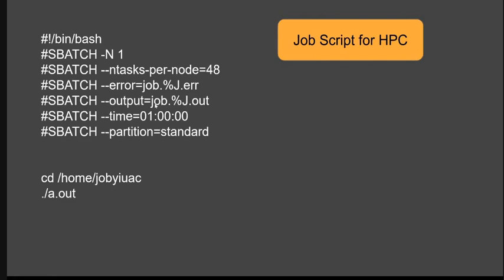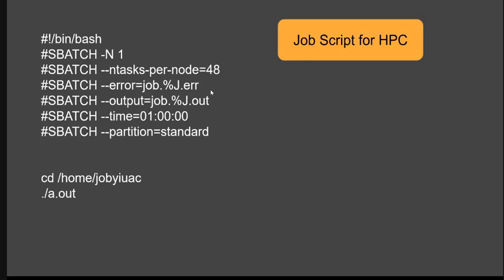Whenever you submit a job, or even if you are logging into an interactive session, you still need to define how many CPU cores you would require for your job. So I'm doing just that. Currently, the HPC has a maximum of 48 cores available.